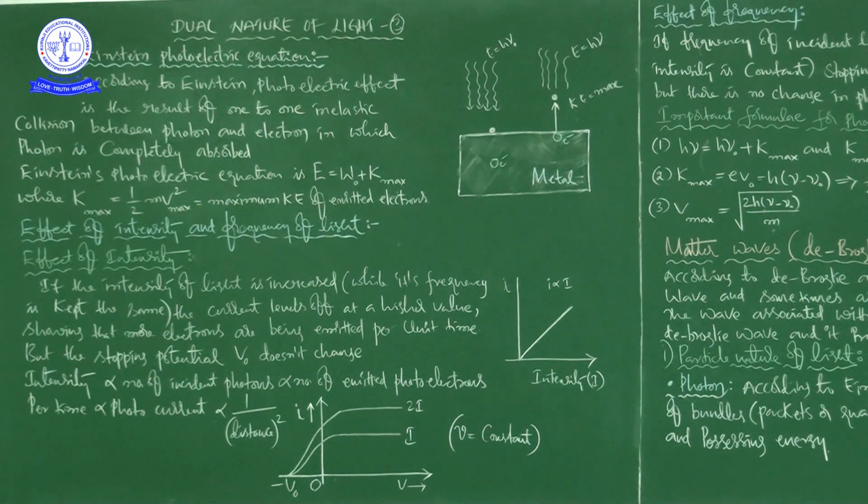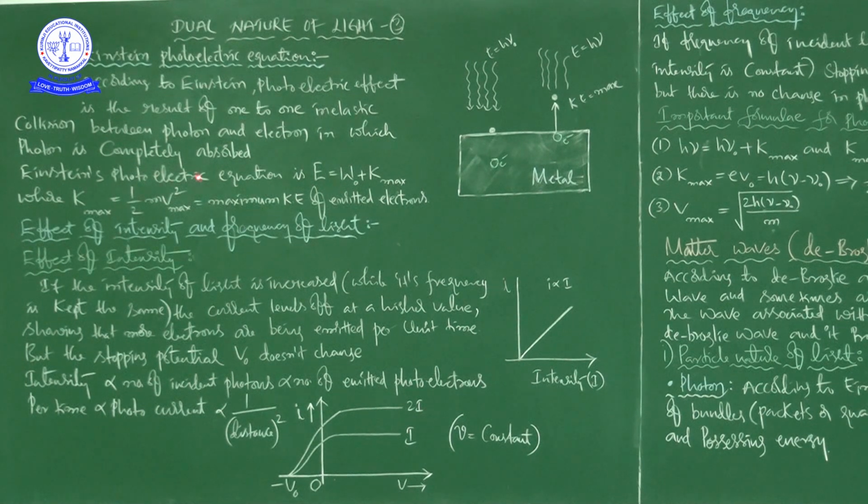Right. So regarding this, you can say that the energy of the incident radiation is equal to the work function, that is, the energy required for the electron to come out from the metal, plus the kinetic energy of the electron with which the electron is present after the metallic surface.